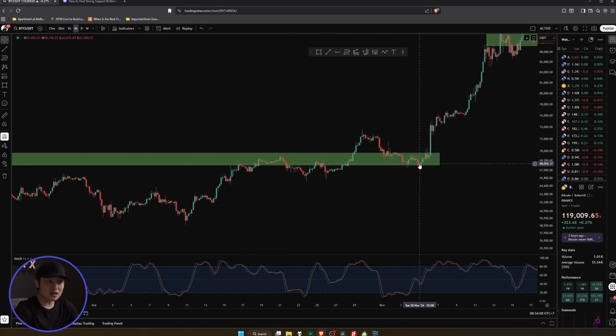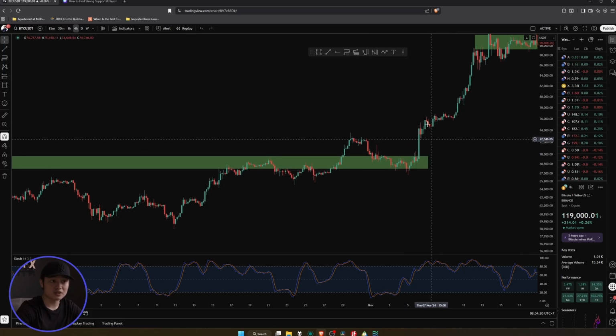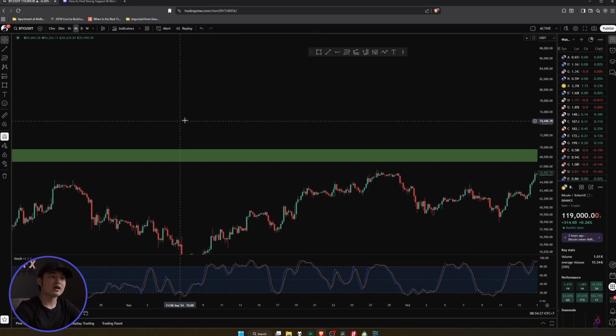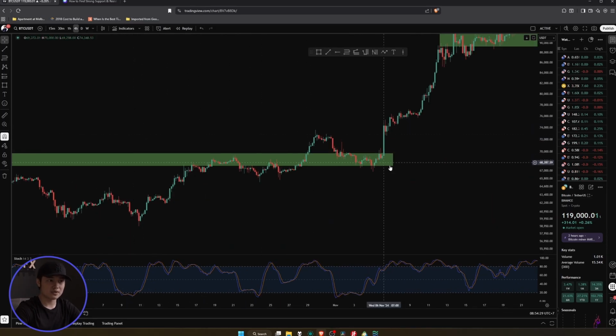The pullback starts entering another zone, a resistance zone right here, the green zone, and then look here, the price rejected with the big volume on the upside momentum right here. So we can determine this one and this one as strong resistance. That's very simple, guys.